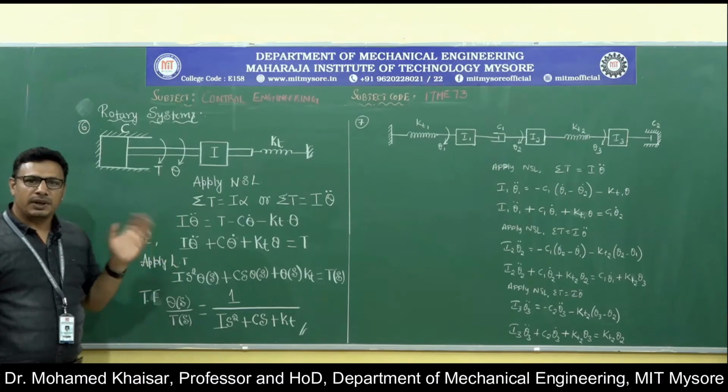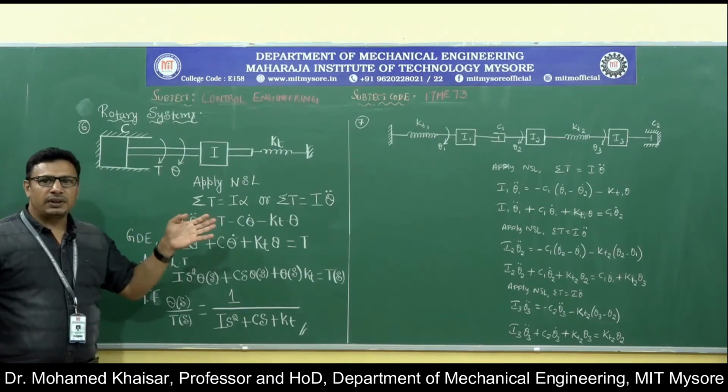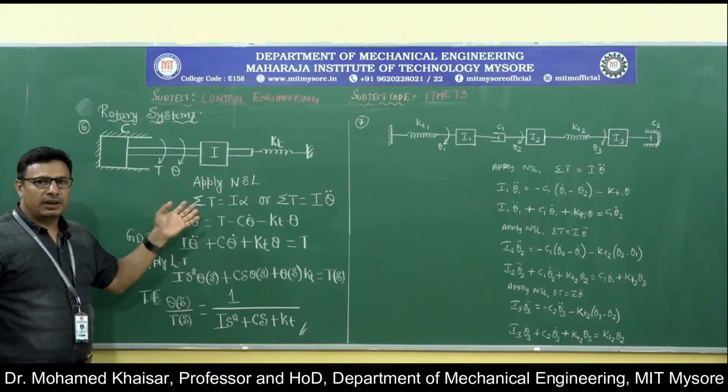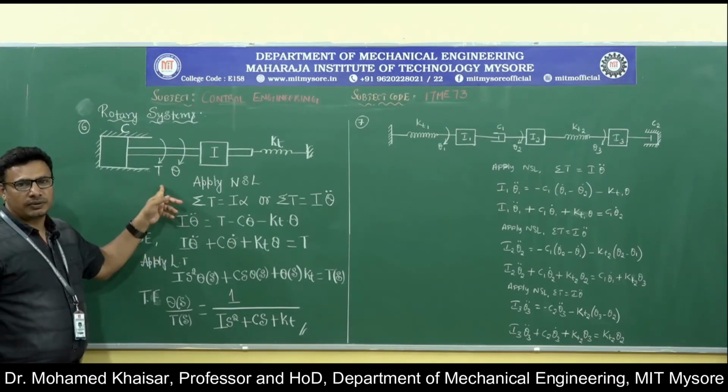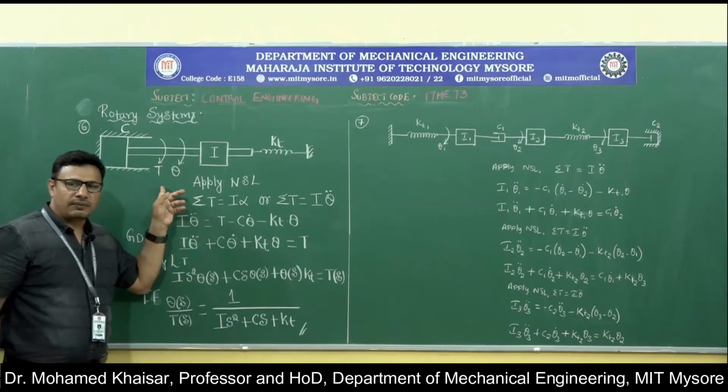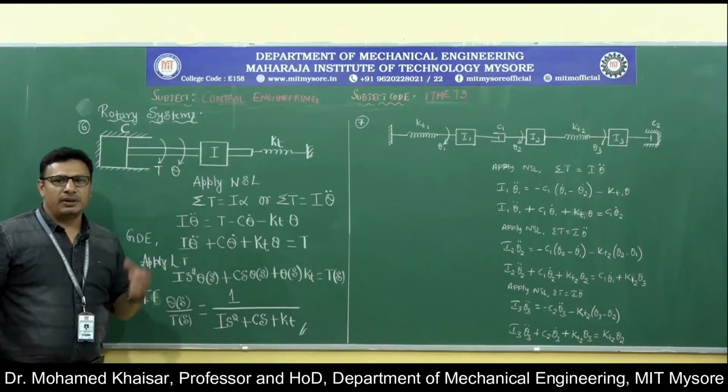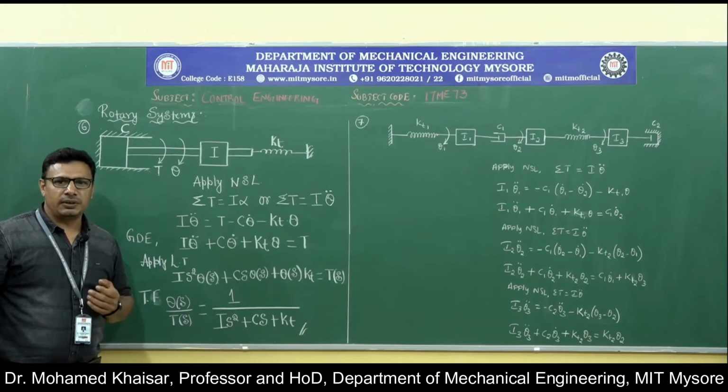Why is it rotated? Because the body was applied with a disturbing force. In rotary systems, torque is the disturbing force, whereas in linear systems, force F was the disturbing component.